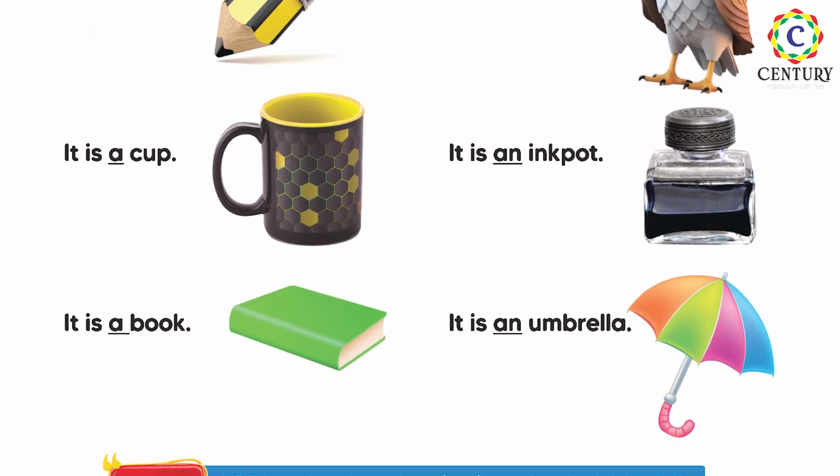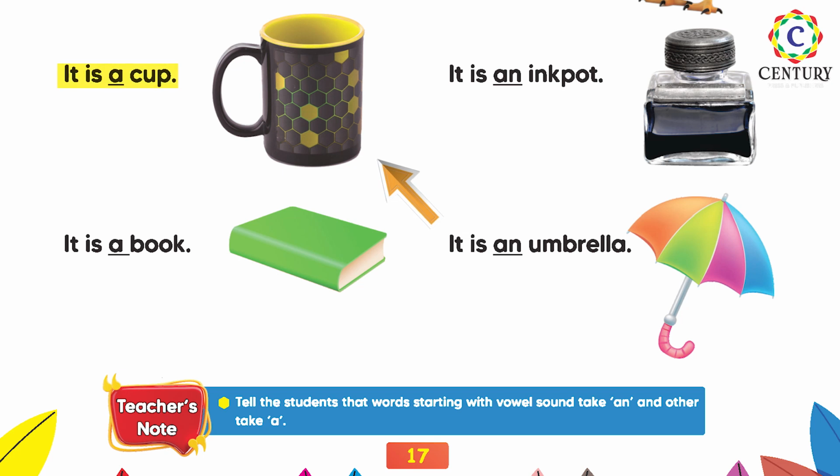Now tell me why we are using a with cup. It is a cup. Why we are using a here? Absolutely, because C is not a vowel, and we use a with all words other than vowels. Next is it is an ink pot.